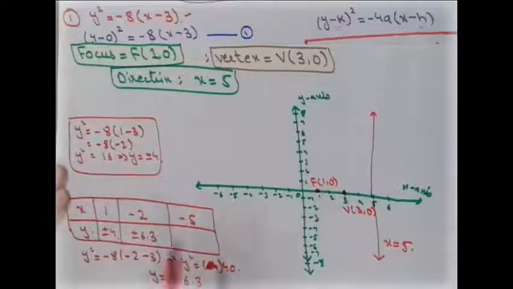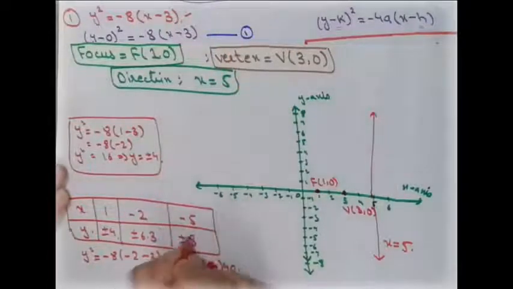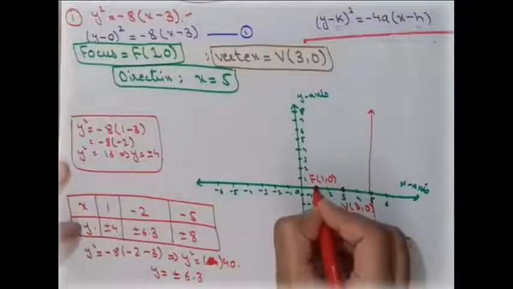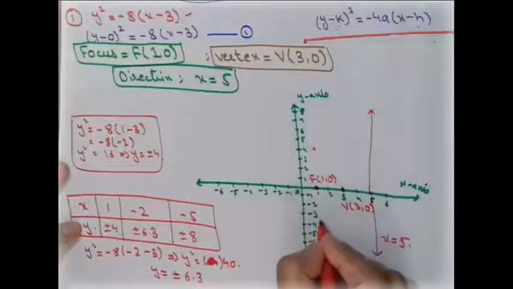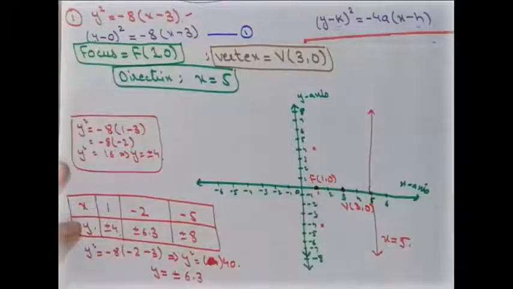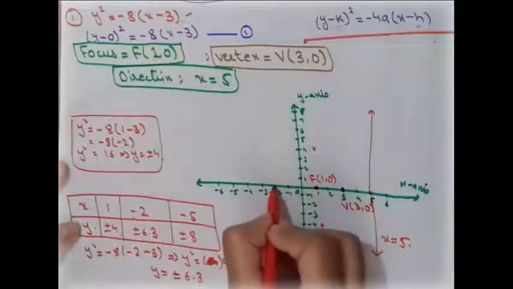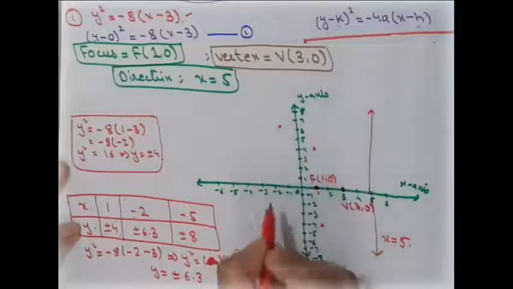And if I put the value of minus 5 in the first equation, I will get the value of plus or minus 8. So when x is 1, y is positive 4 and negative 4. And if I take the value minus 2, then I get 6.3, so here is a point.